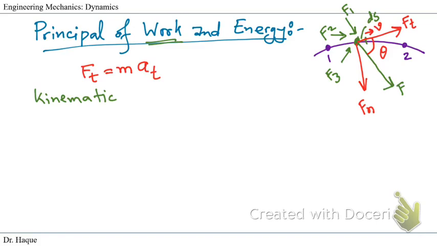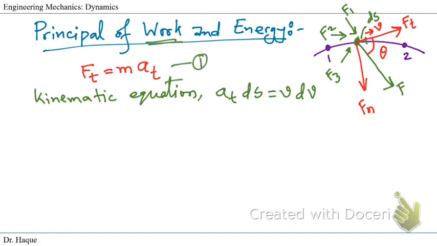The kinematic equation that we derived in that chapter is: acceleration, in this case tangential acceleration, multiplied by ds, equals v, velocity, times the change in velocity, dv. We're going to use equations 1 and 2 to formulate the principle of work.